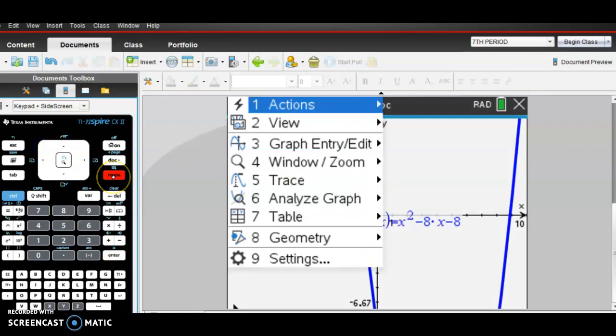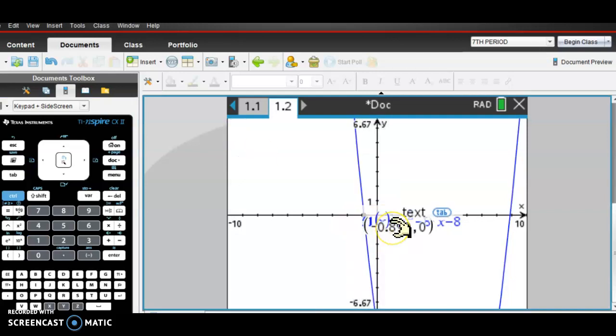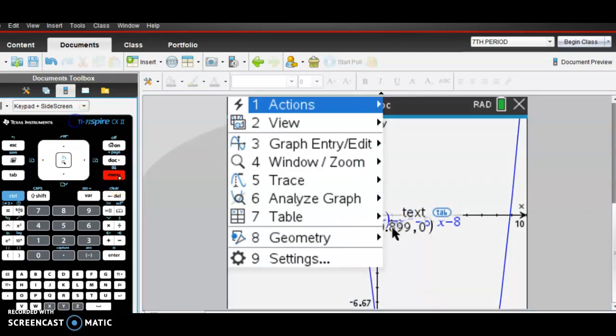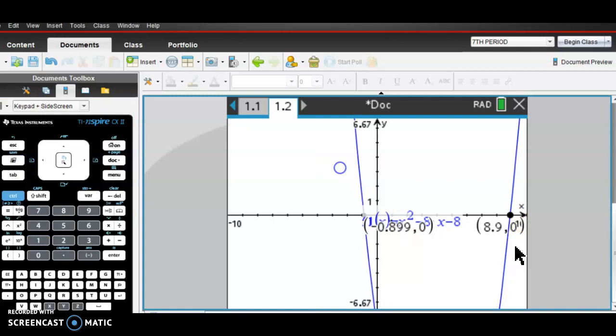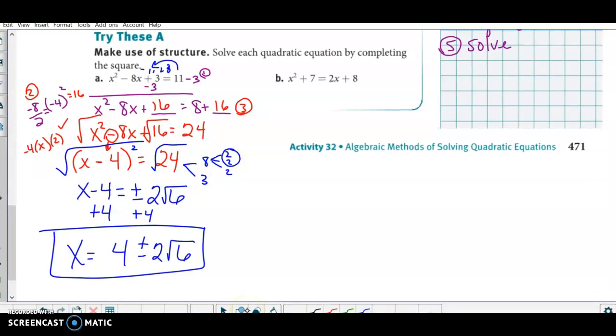And then I can look for my roots. So menu 6, 1. There's my first root. And there's my second root. So you can see that it matched what we got when we simplified that square root. So remember, those are our roots.